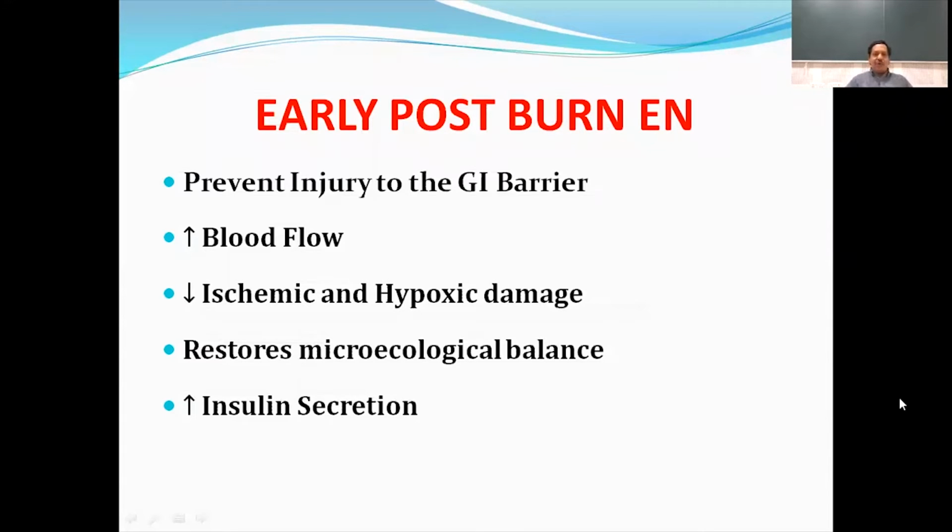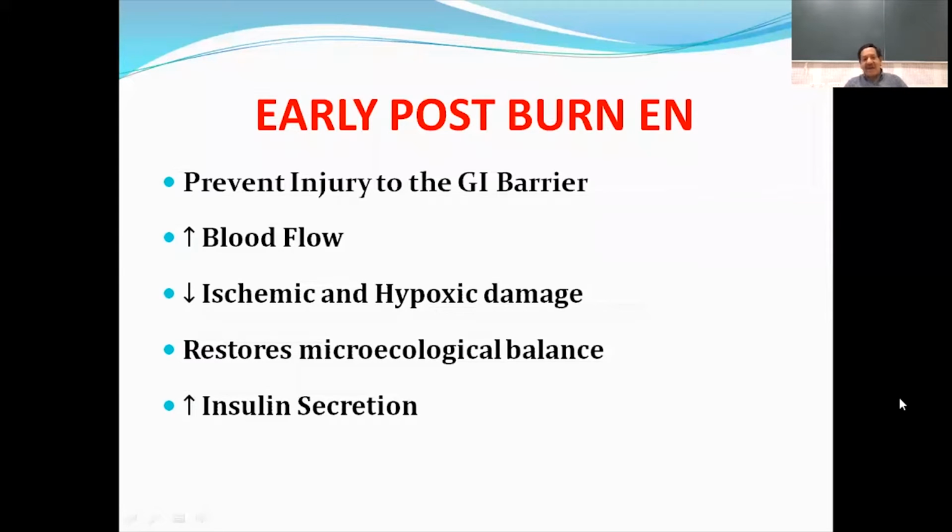Now this early post-burn enteral nutrition, how does it help? It prevents injury to the gastrointestinal barrier, increases blood flow to the GI barrier, decreases ischemic and hypoxic damage, restores microecological balance. And you know, insulin is an anabolic hormone.